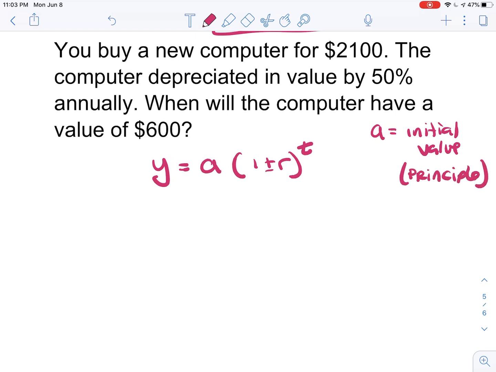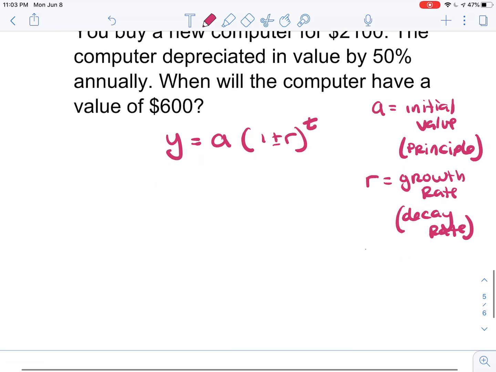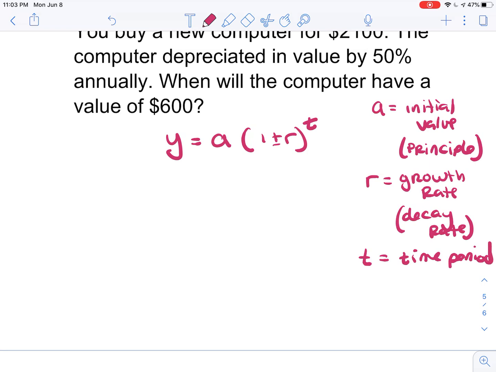If it's for interest questions, keeping this in mind for the future, this would be called our principal value. But it's the value you start with. R is my growth rate, and that would be plus if it's a growth rate, or decay rate, but again, decay rate means we would be subtracting that. T is the time period.